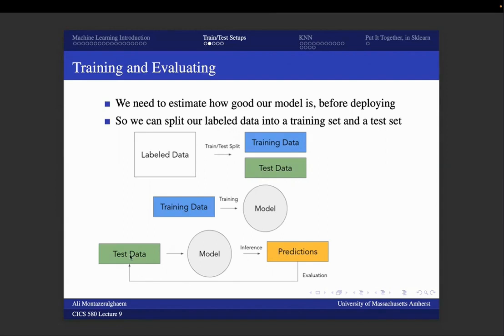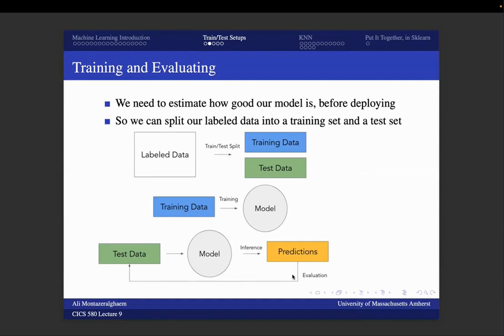So we get the test data, predict labels or values for each data point in the test data, compare these predicted labels with the real labels, and then evaluate whether the system is doing a good job in the task or not.